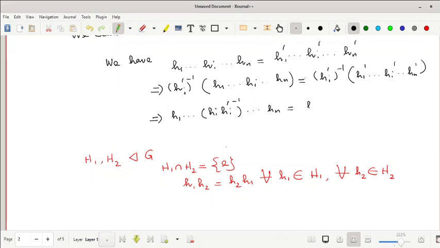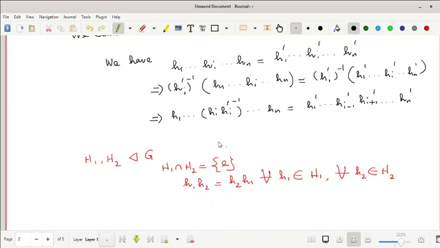You will have simply h1 prime h2 prime hi minus 1 prime hi plus 1 prime dot dot hn prime, correct? You will get this.